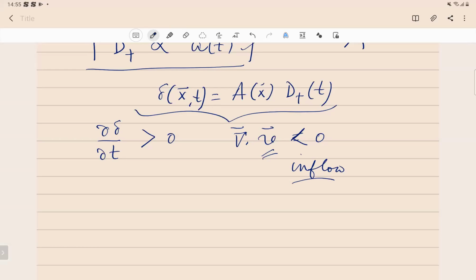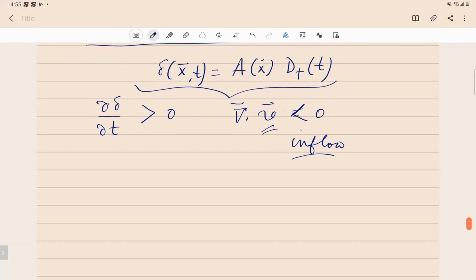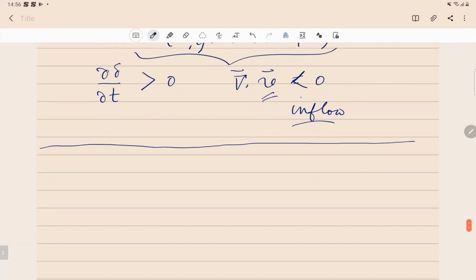Okay, so now let's focus on the peculiar velocity, and before that let's look at the Poisson equation. Okay, so let's go back to the Poisson equation. So we have already used it as a source on the right hand side.